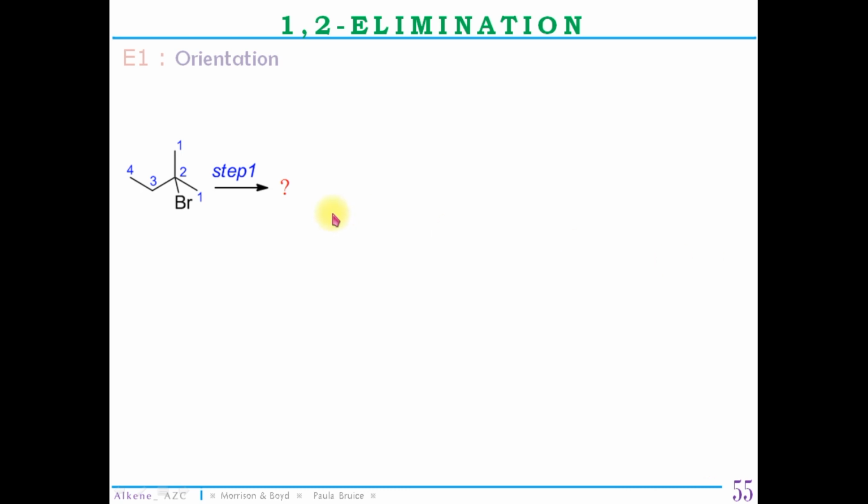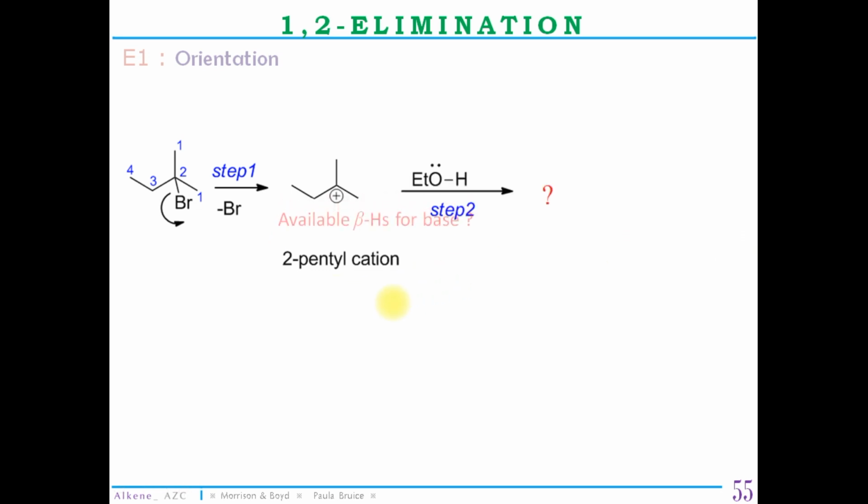In the mechanism, step 1 is removal of the leaving group, which gives the tert-pentyl carbocation. The second step is abstraction of hydrogen. Now what are the available beta hydrogens? We can see we have 3 beta carbons, where these 2 are primary carbons and here is the secondary carbon.